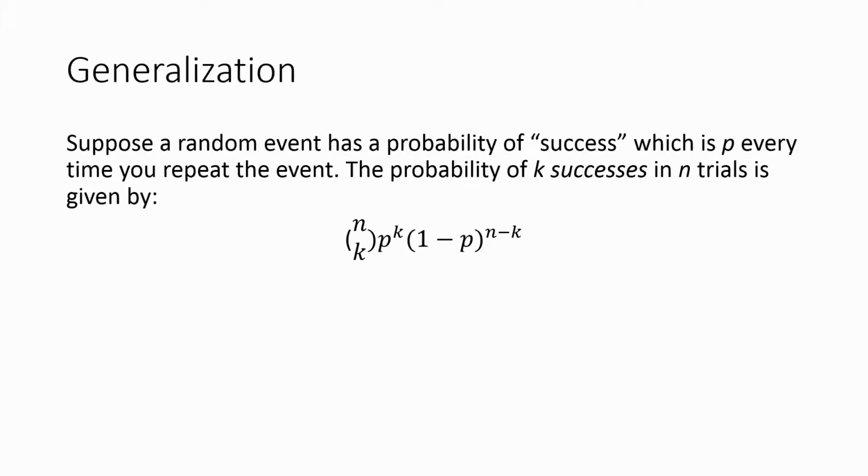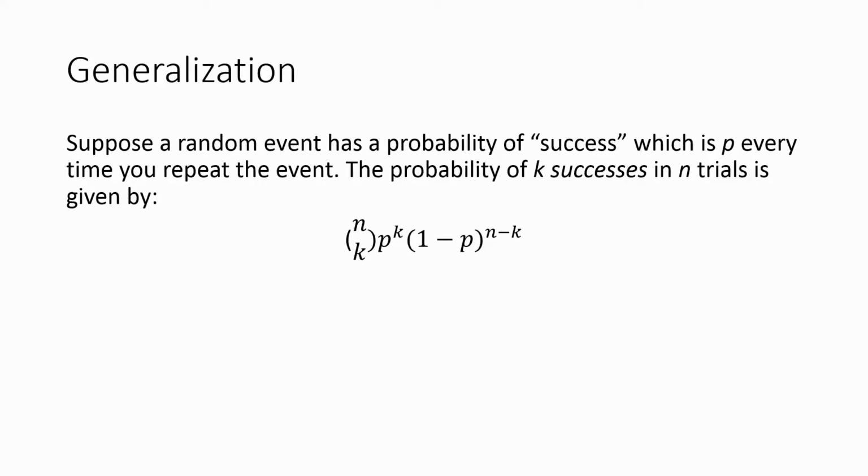So the generalization of this turns out to be this. And hopefully, if that last example makes sense, this won't look too mysterious. Suppose you have a random event like spinning a spinner, and the probability of success, whatever success means, just the thing you're interested in, is p every time you repeat the event. In the spinner case it was a 3/10 chance of getting a multiple of 3.